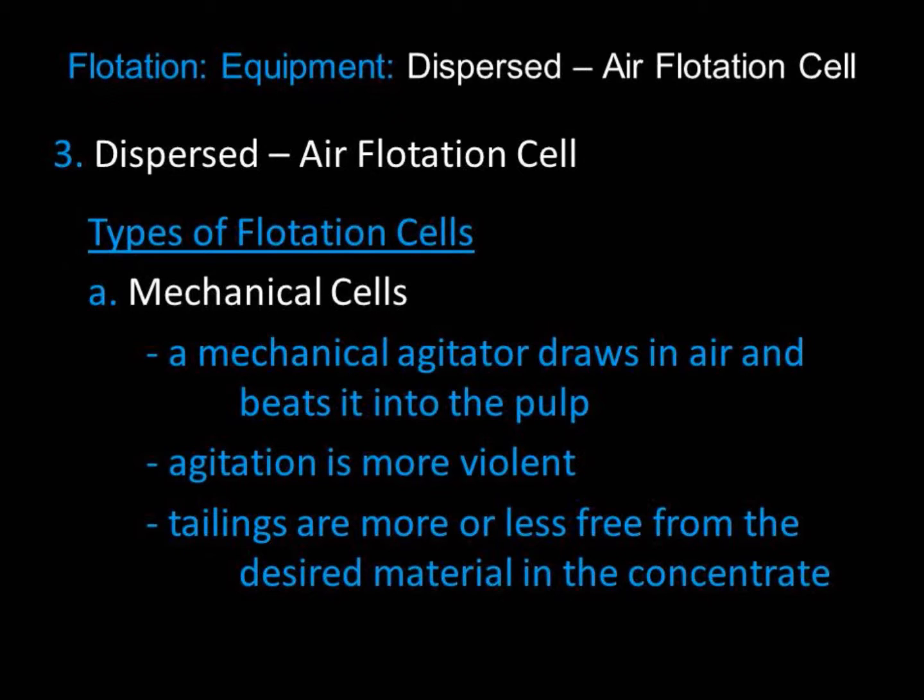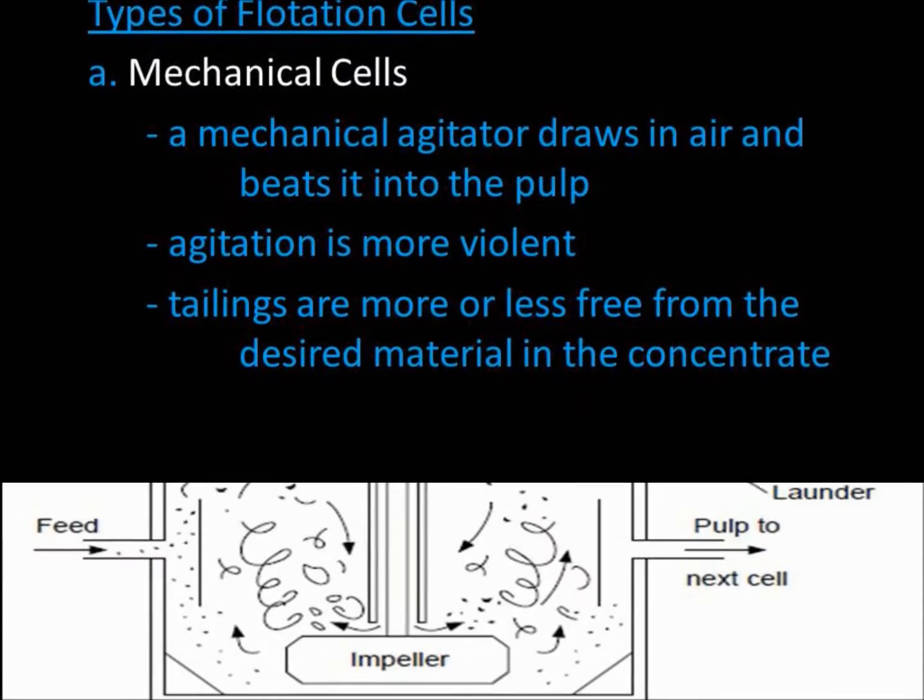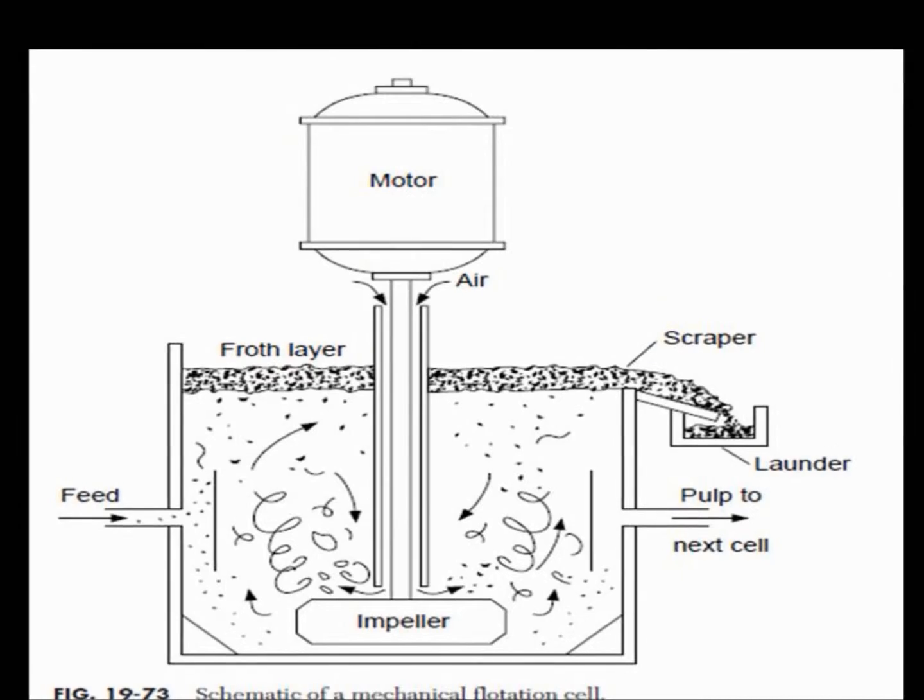The machine receives the supply of air through a concentric pipe surrounding the impeller shaft, either by self-aeration due to the pressure drop created by the rotating impeller or by air injection by means of an external blower. A mechanical agitator draws in air and beats it into the pulp. Agitation is more violent and tailings are more or less free from the desired material in the concentrate. The following slide illustrates a mechanical flotation cell.